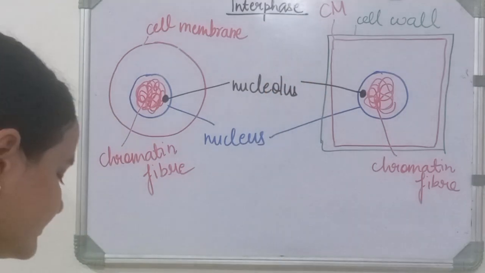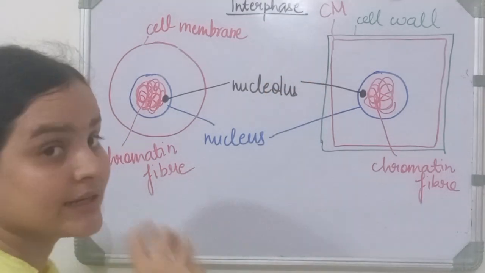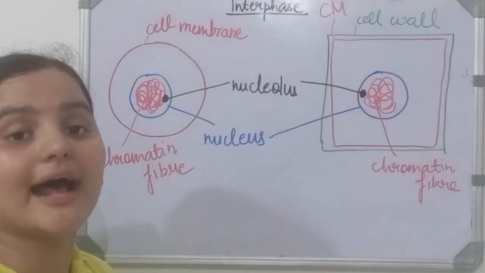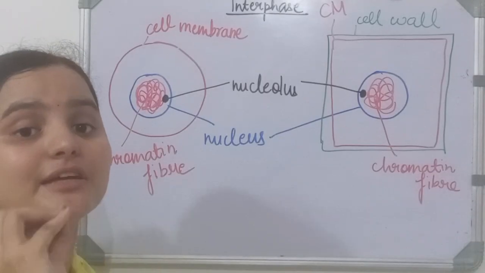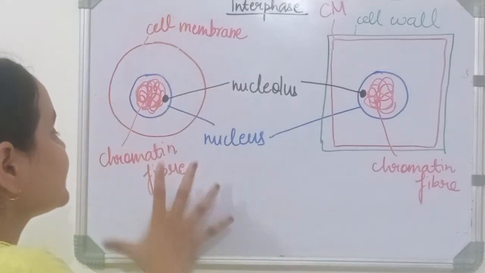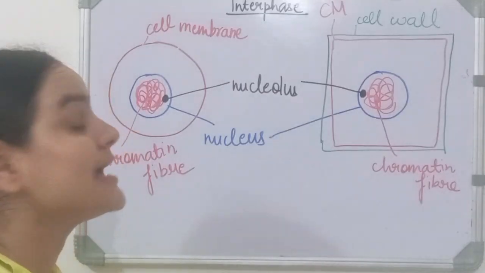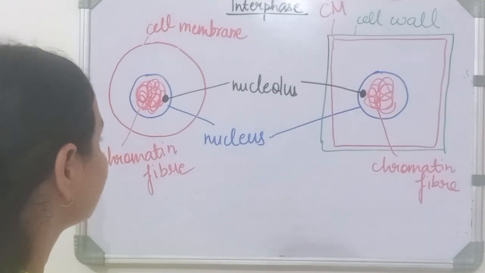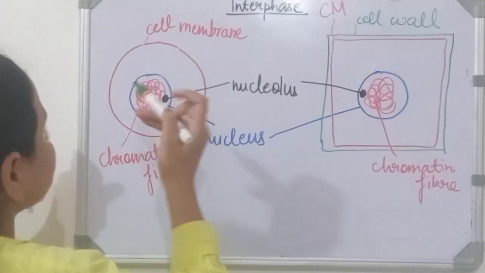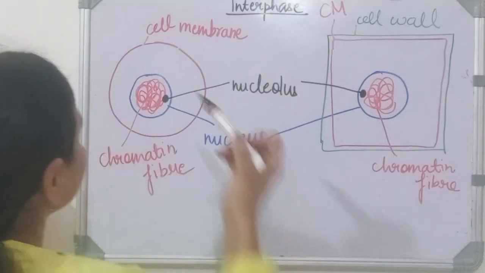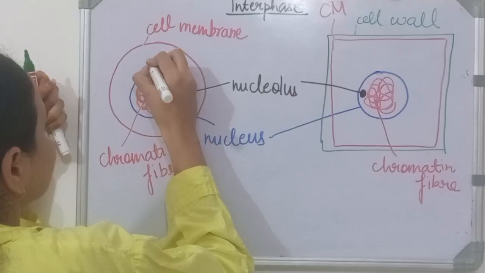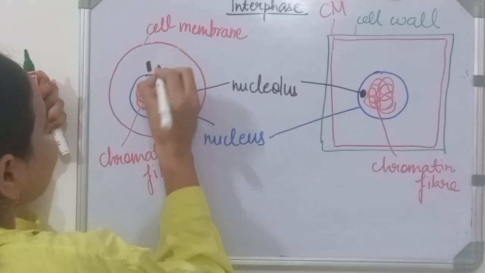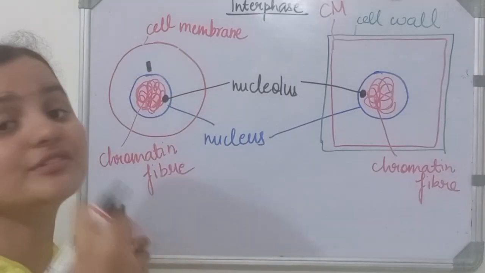Okay, now then there is this structure called centrosome, which is specifically present only in case of animal cells, and it is absent in case of plants. Okay, so I am drawing this. Let's use black. So this centrosome consists of two centrioles.